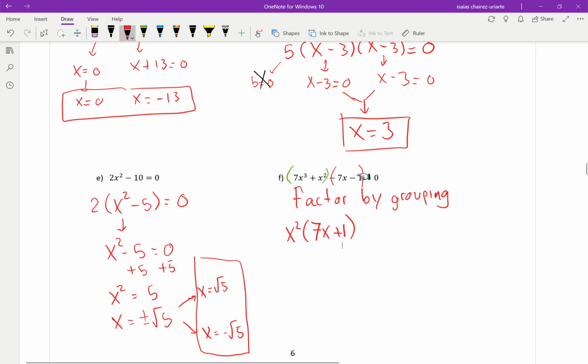Now, what do the third and fourth terms have in common? I would say they have in common a negative 1. So I can factor out a negative 1, and this becomes 7x plus 1.